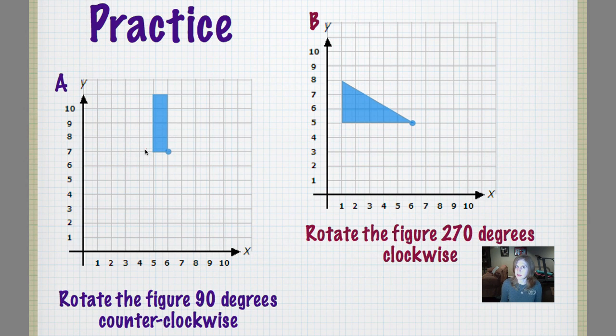You may need to go back to the last slide to remind yourself what that means. And this is my point of origin right here, my point of rotation that I'm going to draw my perpendicular lines on. So go ahead and draw your perpendicular lines around that and then rotate it 90 degrees counterclockwise, and pause it and push play when you're done.